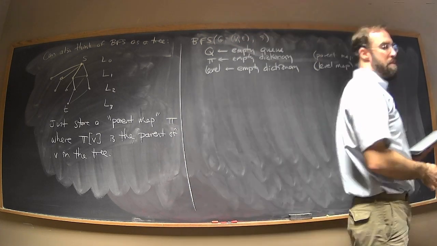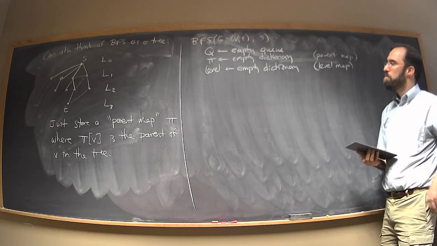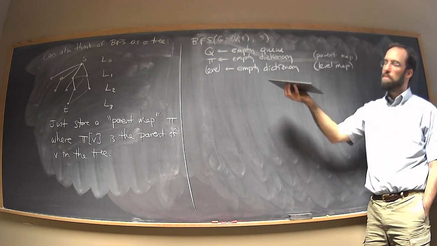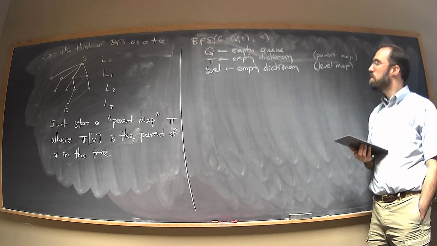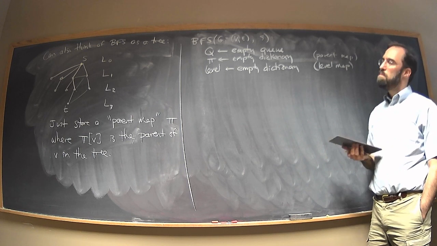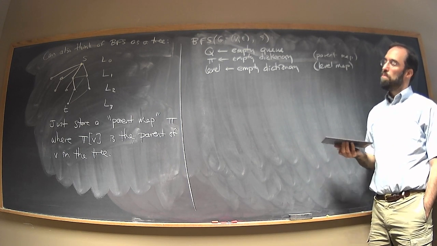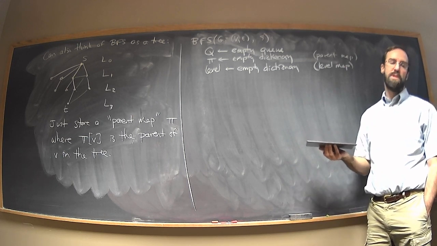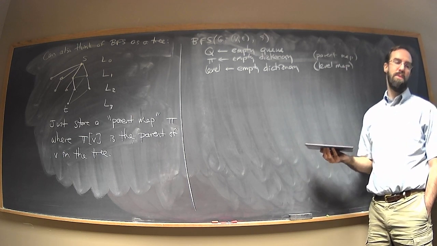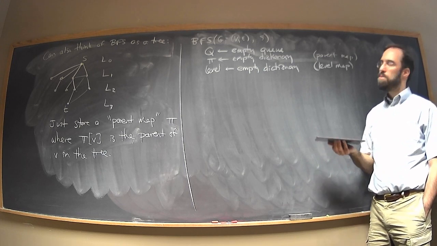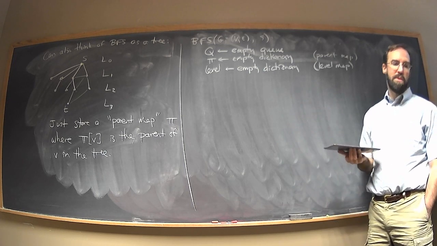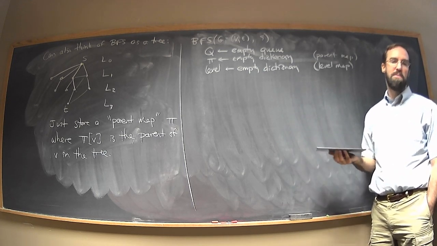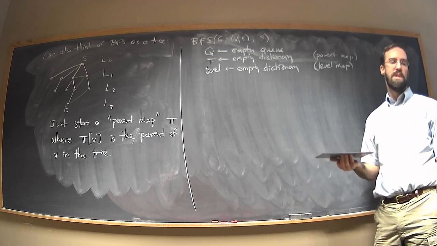The level map is going to keep track of, for each vertex, what level, what layer, did it end up in? Because sometimes we might like to know, once I do a Breadth-First Search, if I look at a particular vertex, how far away was this one from S? To answer that, I can just look it up in the level map and say, oh, it had level 5, so the shortest path from S to that vertex was 5.